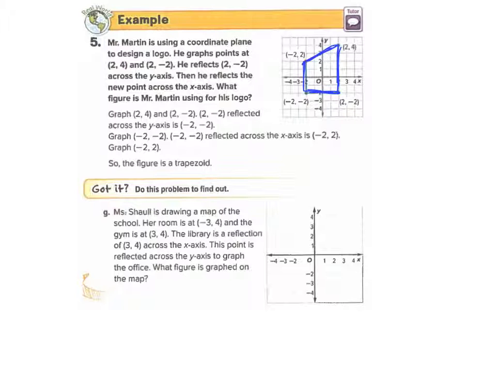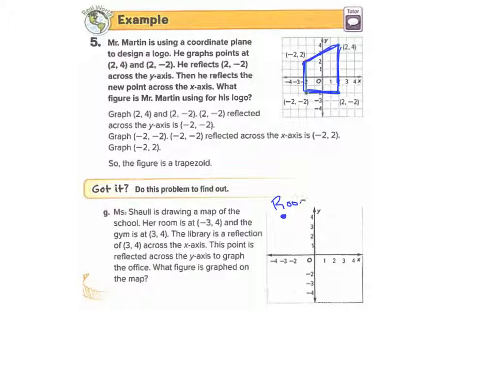Here we have problem G. It says Ms. Shaw is drawing a map of the school. Her room is at -3, 4, and the gym is at 3, 4. So let's place those points first. Her room is at -3, 4. So first number tells me to go left to right. So I'm going to go left to -3 and then up to +4.